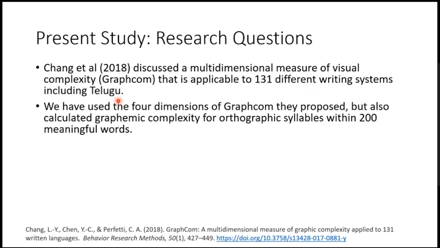Next. So we used the 4 dimensions of GraphCom and calculated again because we could not have access to the codes that they used. We talked to them, but we could not get them. So we recalculated.